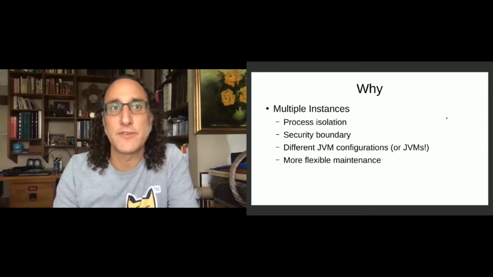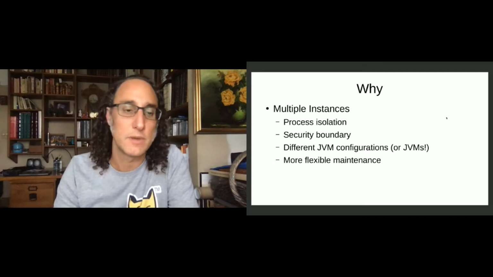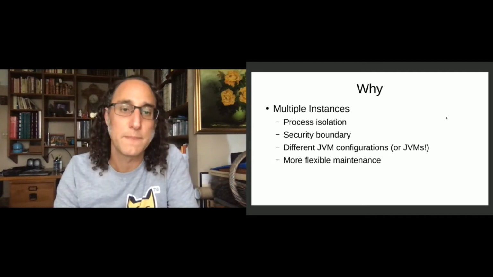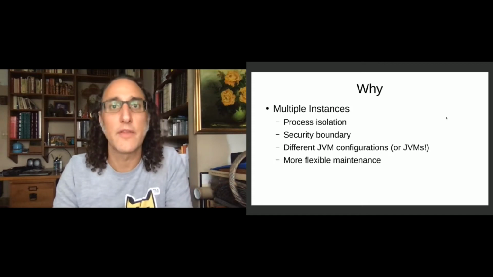When you run it on Java 15, it performs differently, or you haven't done enough testing. So some of your applications are running on an older version and some of them are running on a new version. This will allow you to do that, and very flexibly. It also allows you to do maintenance a little bit more flexibly because you're able to bring up and down those separate instances without affecting the applications that are running on the other ones.